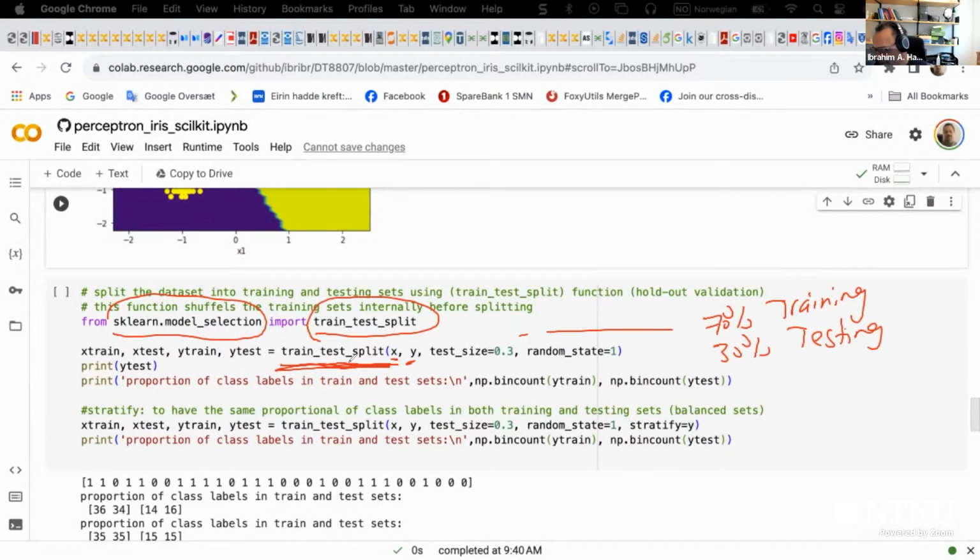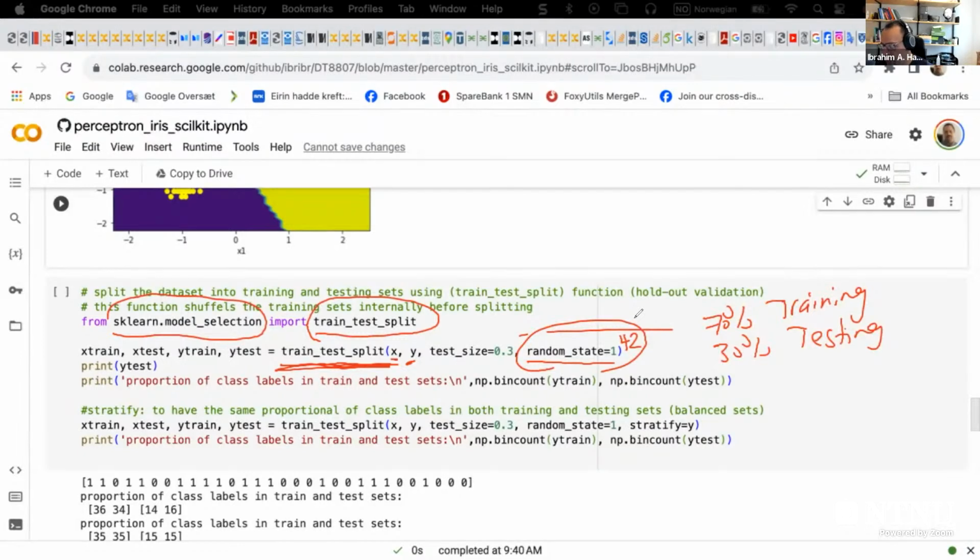This function also shuffles the data, so you can use random_state equal 1 or random_state equal 42. This is the random seed, and it is very important for reproducibility. If I didn't use this argument, each time we shuffle the data we would get a different training set and testing set. If you want the same training set and testing set each time, you need to use random_state equal, for example, 42.